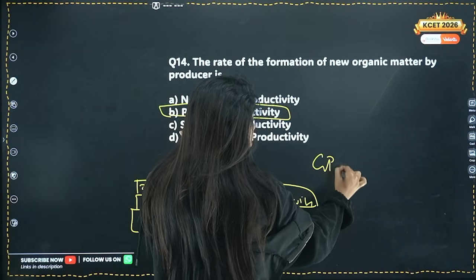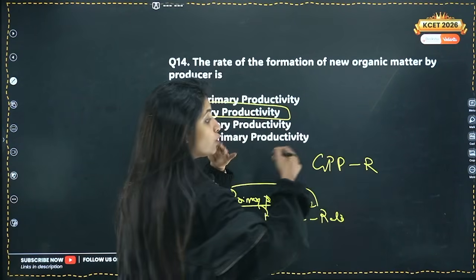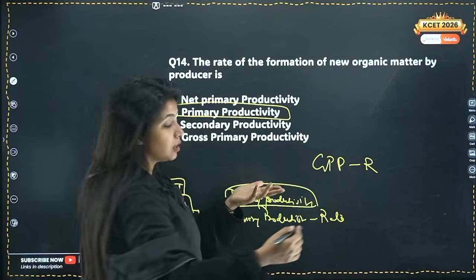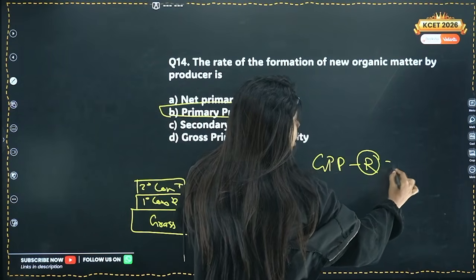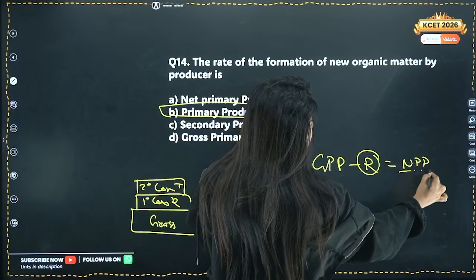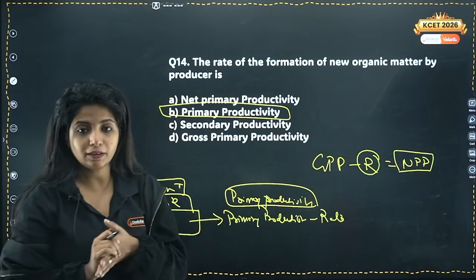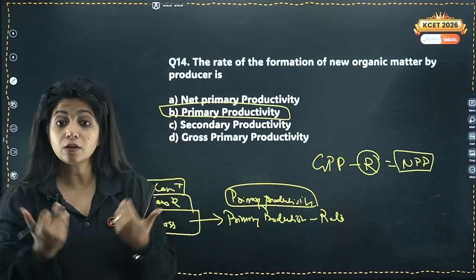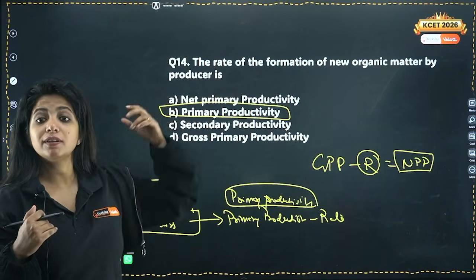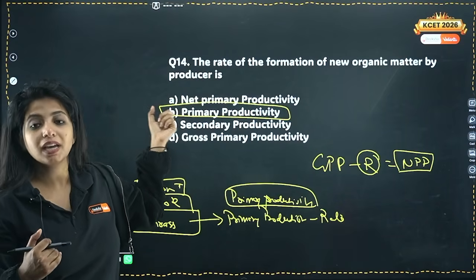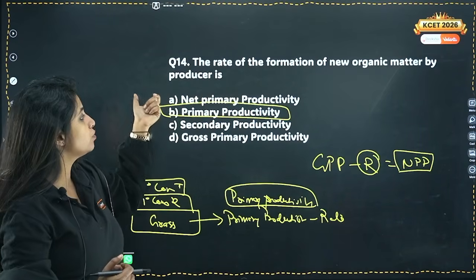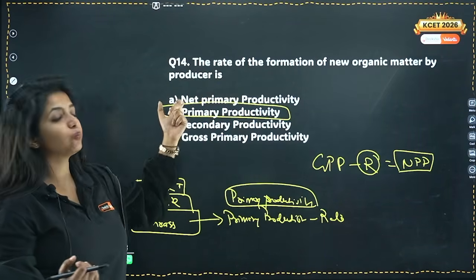It is being produced, but some of it is utilized for its own purpose, some of it is lost. Okay, so I'll say respiratory losses. Now whatever is left behind is known as NPP, that is net primary productivity. Again, you talk about an ecosystem there. Over here, you're talking about an individual producer, which is why you just say primary productivity and you do not use the term net primary productivity or gross primary productivity.